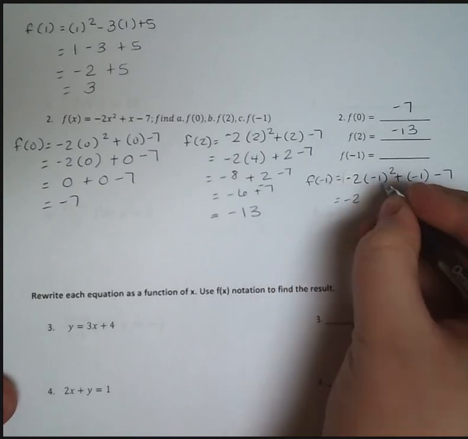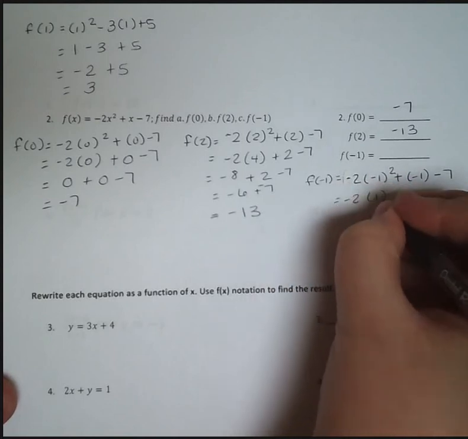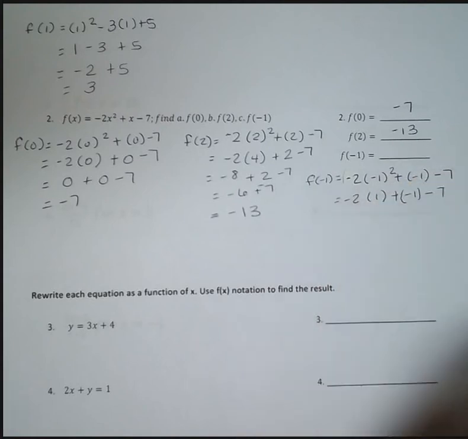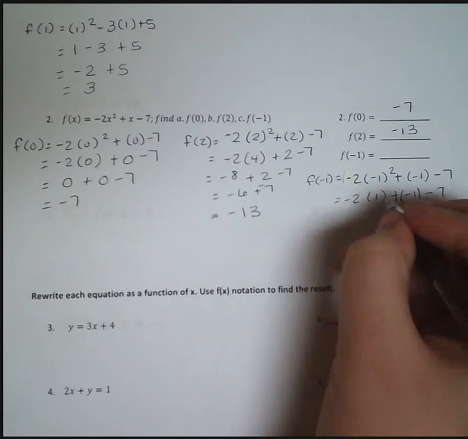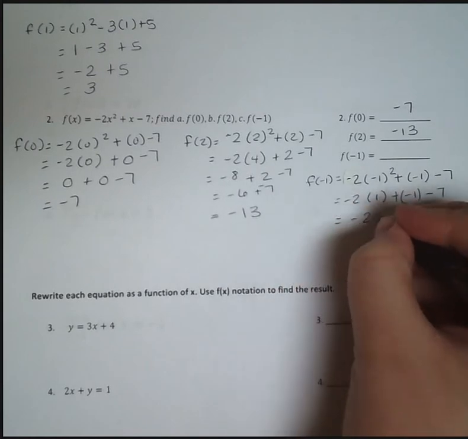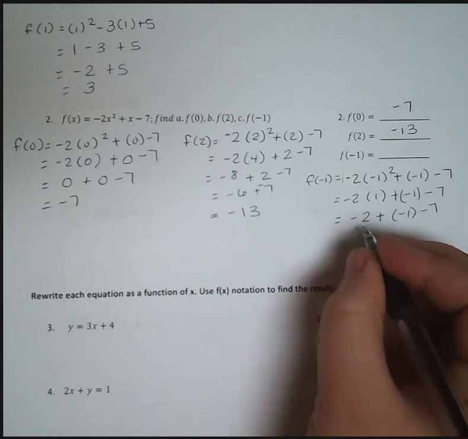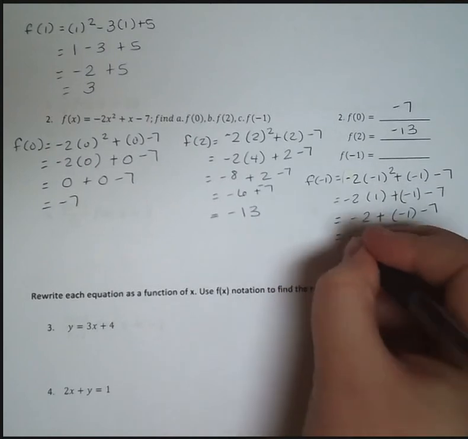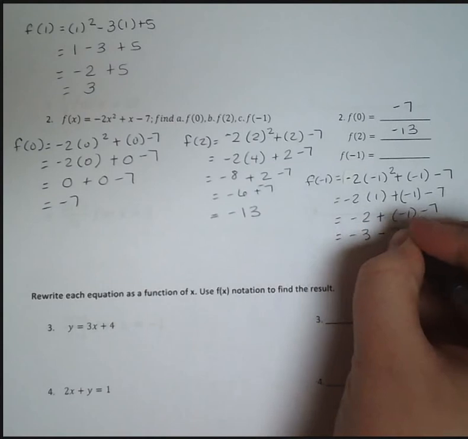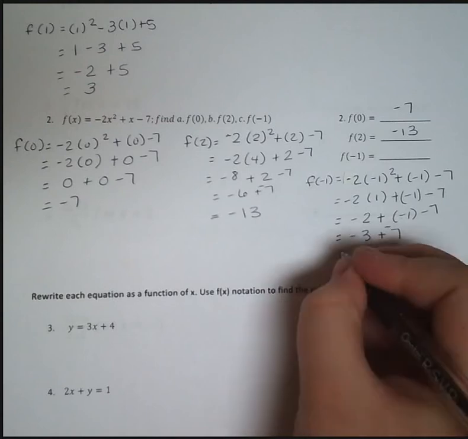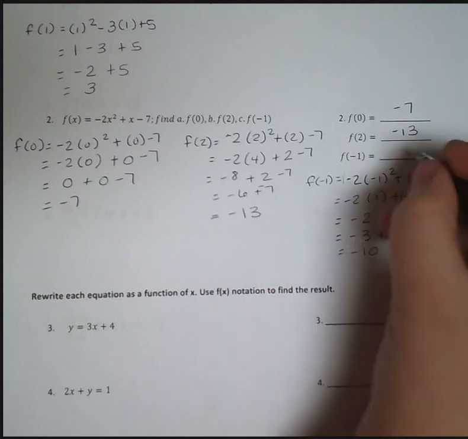So negative 1 squared is 1. And I'm just bringing everything else down. Negative 2 times 1 is negative 2. Negative 2 plus negative 1 is negative 3. And then negative 3 minus 7. Keep, change, opposite, which gives me a negative 10.